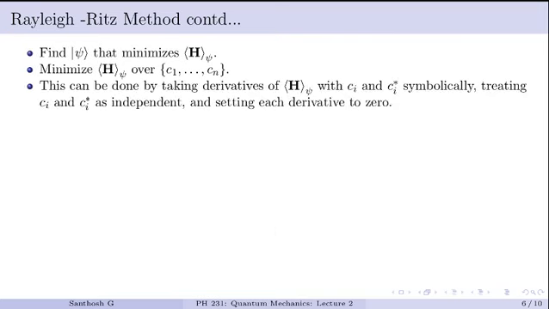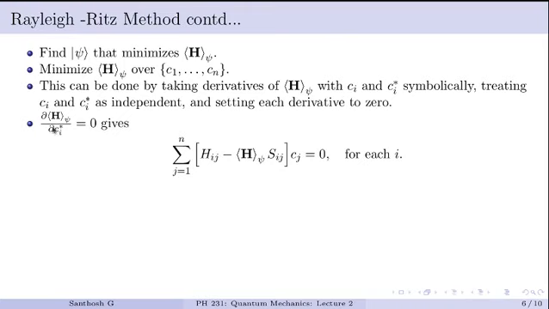To do this, we take the derivative of this expectation with respect to the complex number Ci symbolically, treating it to be independent of Ci star and all other Cj and Cj stars, and setting each of this derivative to 0. And taking the derivative of the H expectation with Ci star and setting it to 0 gives the following equation.